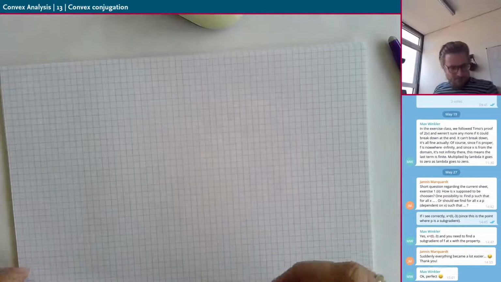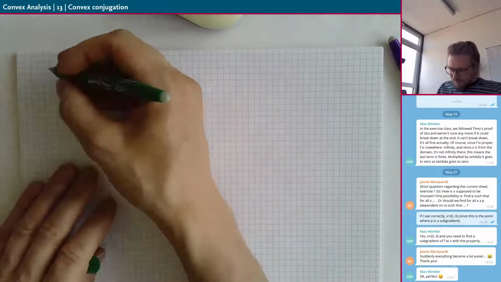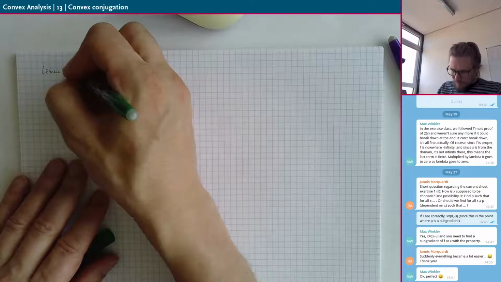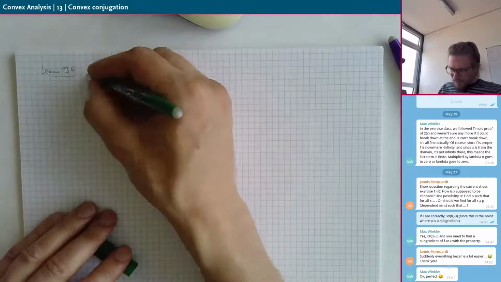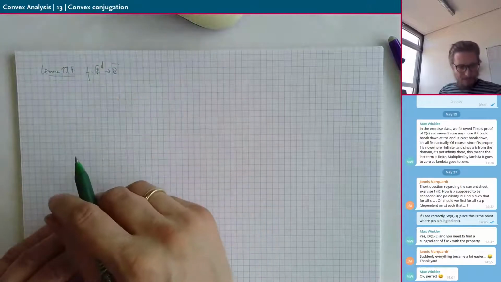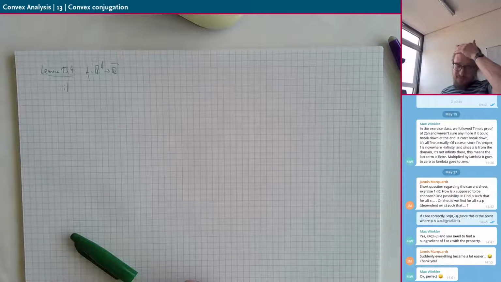Luckily I could fix it, and now we come to the last two big results for the lecture today. First there's another lemma, which is not so interesting in and of itself, but good to know. We have f from R^d to R bar, and we need to deal a little bit with the edge cases if f is not proper.